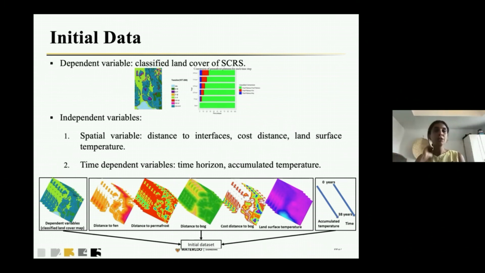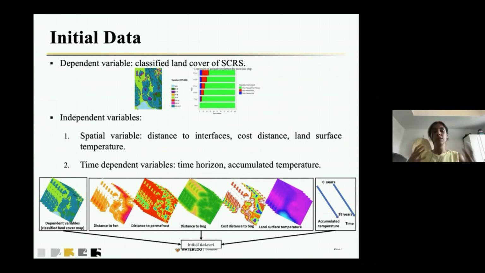We consider some independent variables, which is distance to interfaces, because thaw occurs from the edge of each plateau inward. We chose Euclidean distance of permafrost plateau to fen, distance to fen, distance to bog, and also distance of other land covers to permafrost plateau.